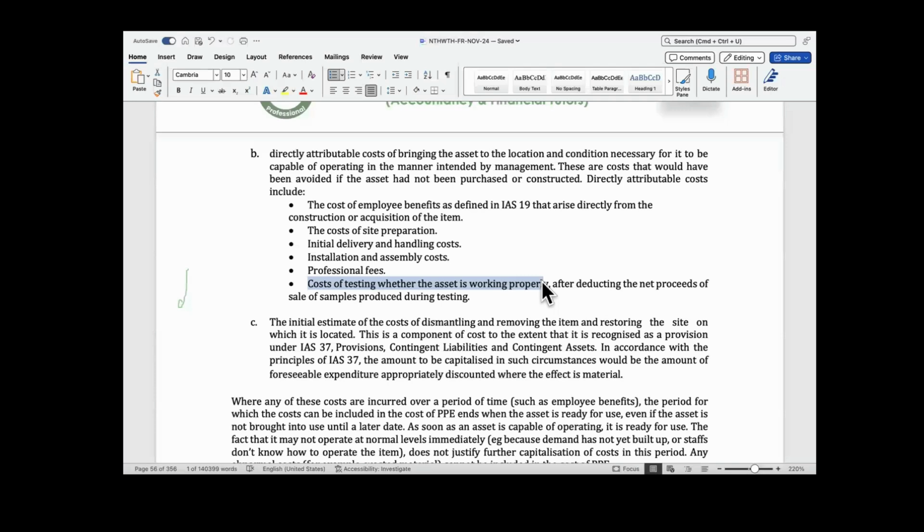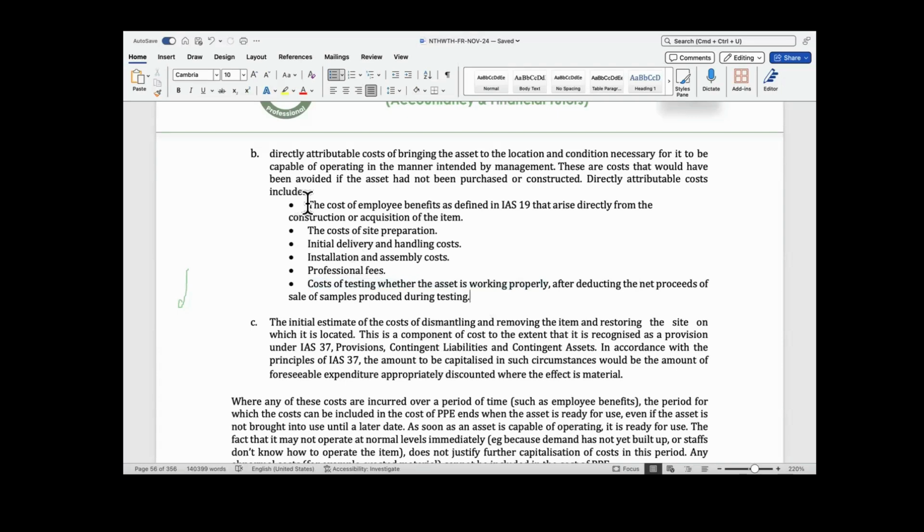For that reason, just use that output to reduce your cost. That is why this cost of testing whether the asset is working properly, after deducting the net proceeds of sales of samples produced during the testing. Have that in mind. These are the directly attributable costs.